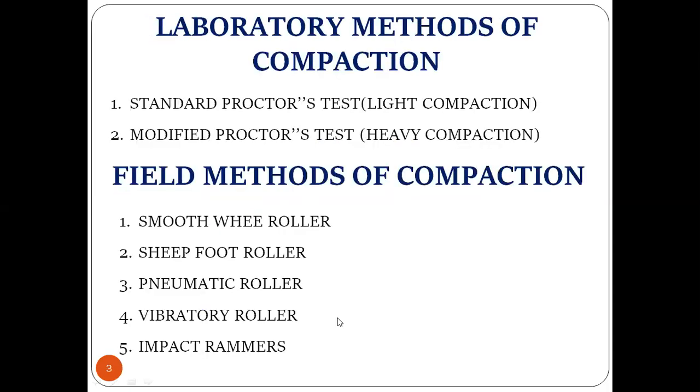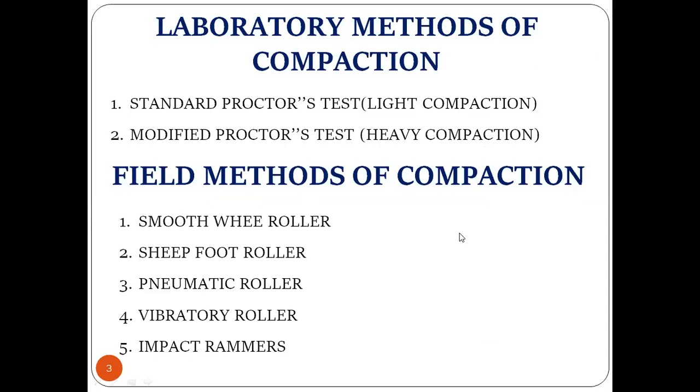These are some of the methods we use in compaction. One is the laboratory method of compaction, that is the standard Proctor test and the modified Proctor test. The standard Proctor test is also called light compaction. The modified Proctor test is also called heavy compaction.